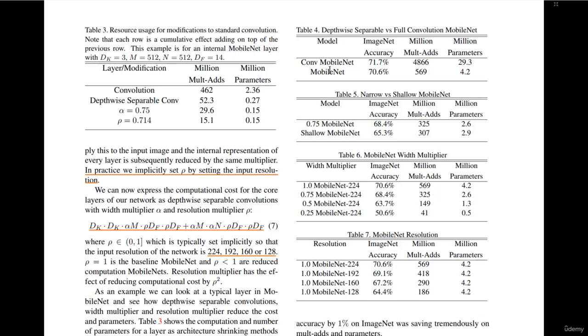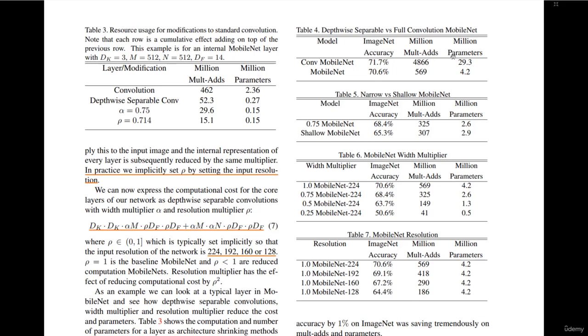And then the comparison done when working with only conv layers and when working with depth-wise, that's with the MobileNet itself. So we'll see how this accuracy actually drops as we go to the standard MobileNet, which is made of both depth-wise separable layers and conv layers. So we drop from 71.7 to 70.6.